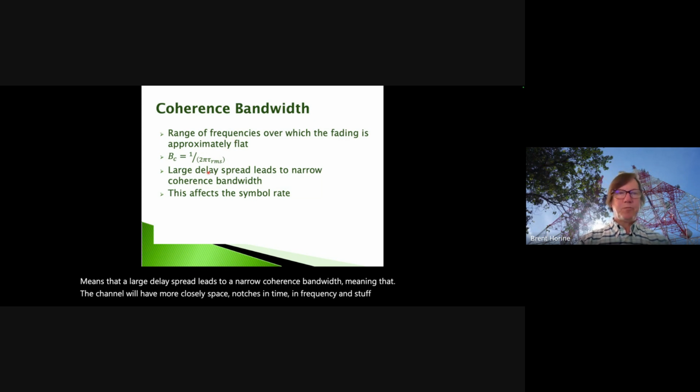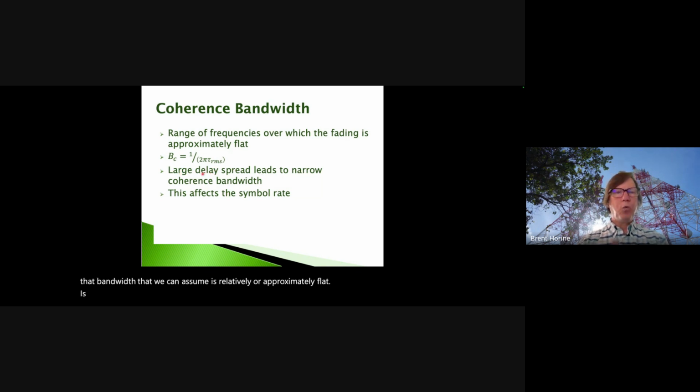So the portion of that bandwidth that we can assume is approximately flat is smaller when we have longer delay spreads, right? So if all of your rays are bouncing off very close reflectors, then that distance traveled is just a little bit longer than the other ones, right?